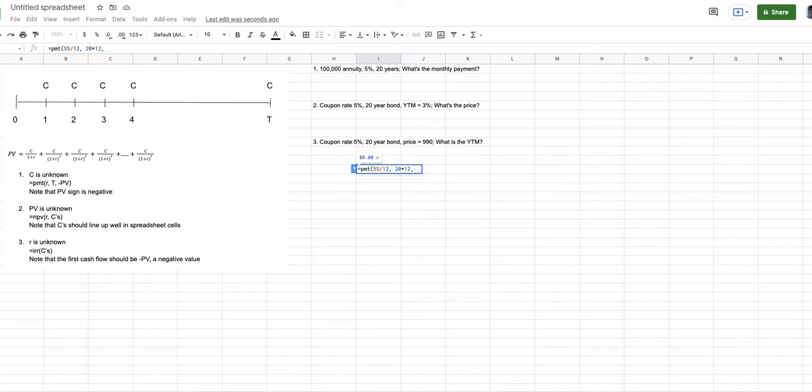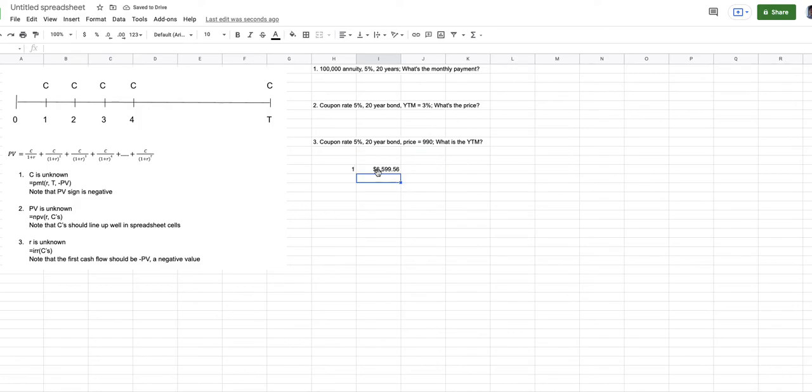And lastly, you need to enter the initial value. Be careful that this PV should be negative, because you put the money down, so that's a cash outflow, and then you receive all these cash inflows, so you enter minus 100,000.